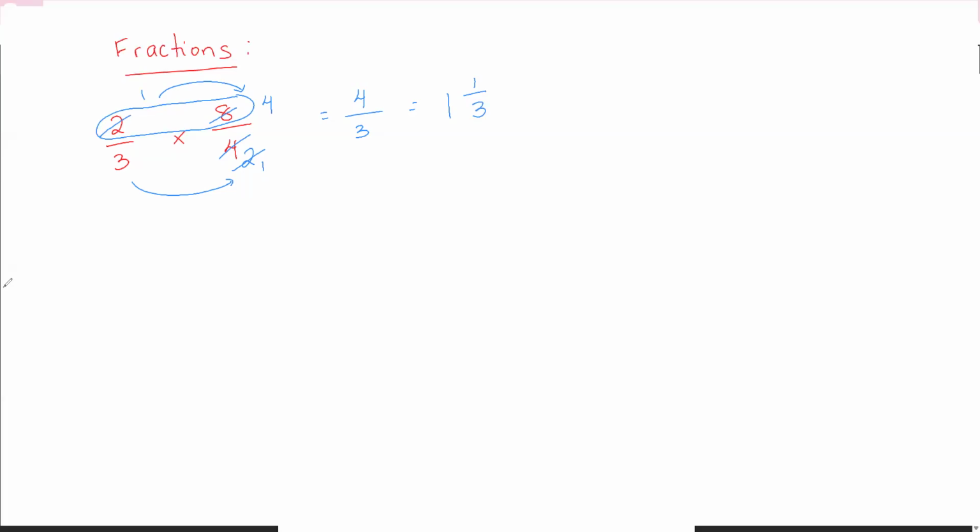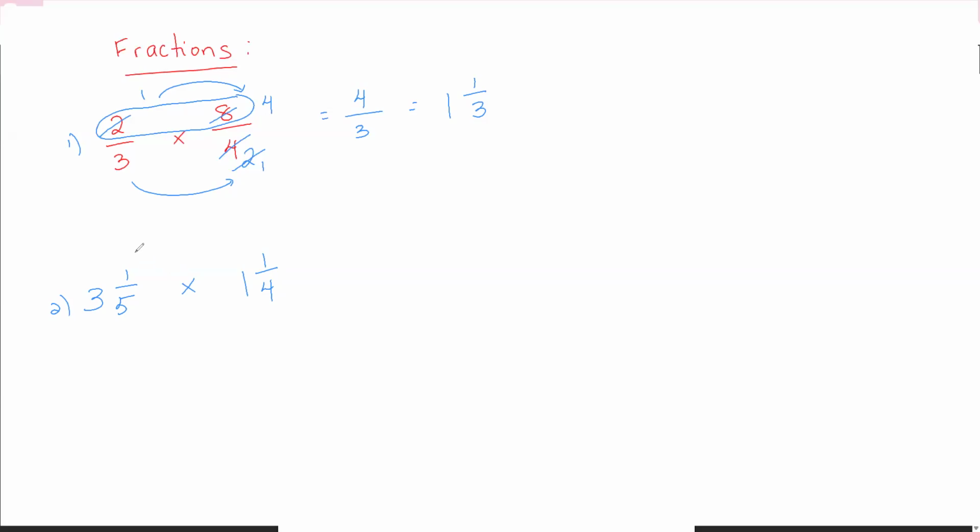All right, so let's say they gave us one like this. So they gave us 3 1/5 times 1 1/4. Anytime you have mixed numbers and you're multiplying or dividing, you have to change them all into improper fractions.